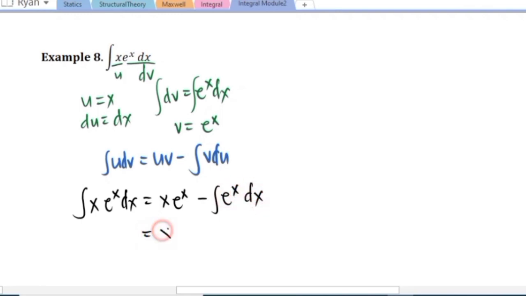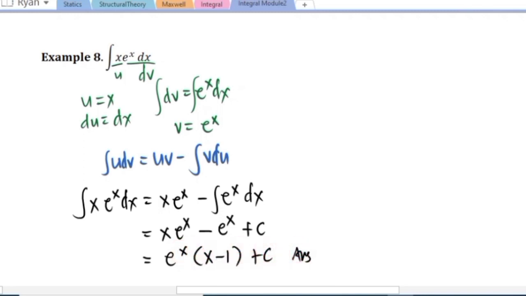So this is equal to x e to the x minus the integral of e to the x dx is e to the x. So that's e to the x plus c. So we can factor out the e to the x, and we have e to the x multiplied by x minus 1 plus c. And this is our answer.